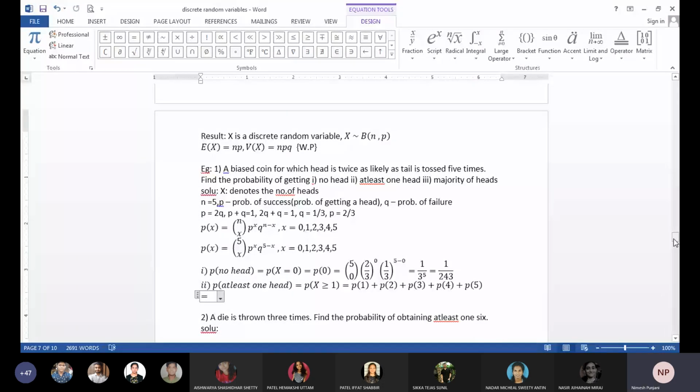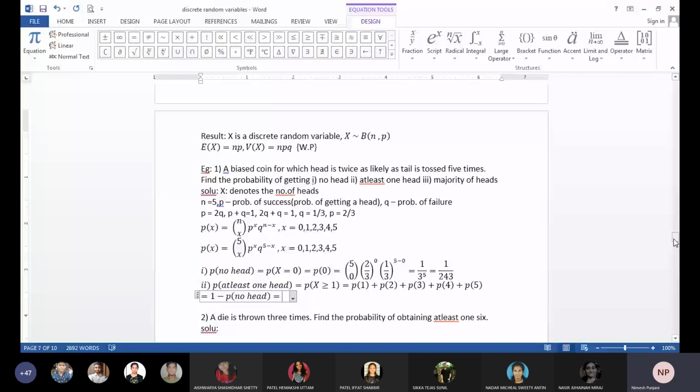But instead of calculating 5 things here, it is better that I go with the complement. At least one head is same as 1 minus no head. Again I repeat, probability of getting at least one head is same as 1 minus probability of getting no head.